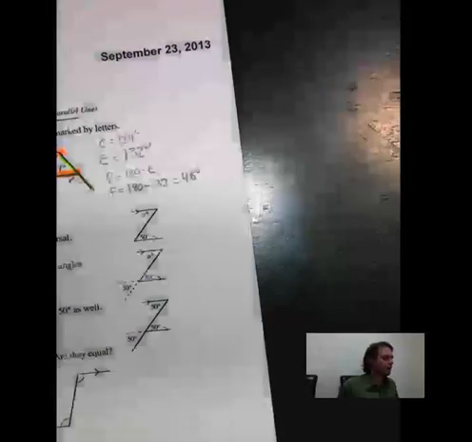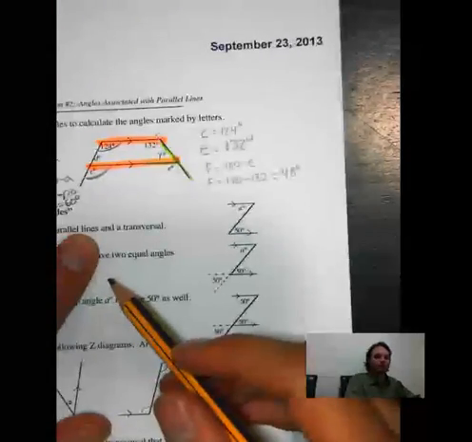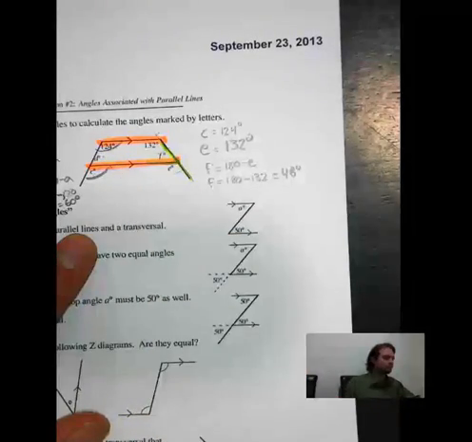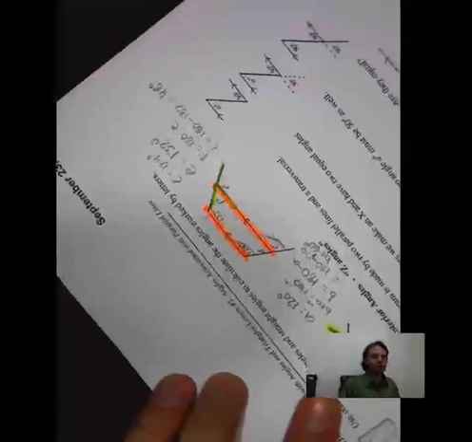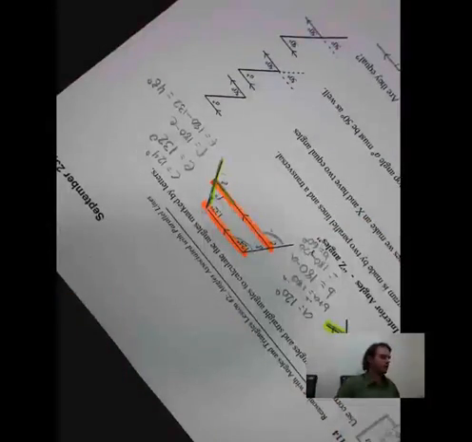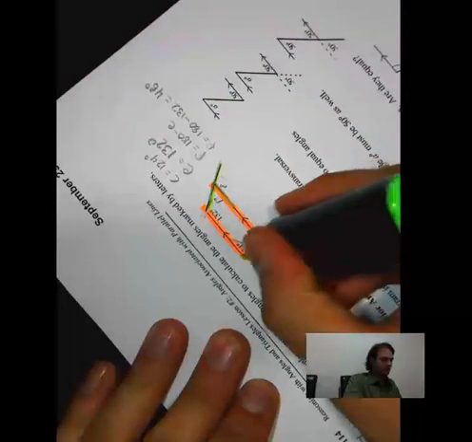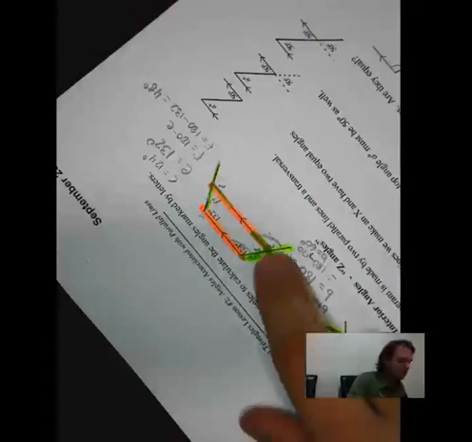Okay, so now let's take a look at the next one. Same thing is right here if we look at C and D. We know angle C. We see a straight line here. If I rotate this like so and go that way, here is a straight line. And this angle here is an angle in the straight line. So we know D and C must add up to 180.